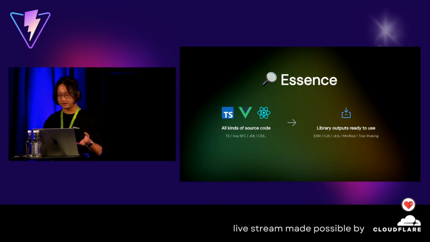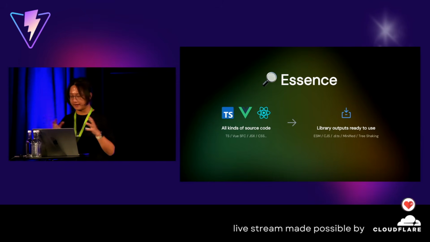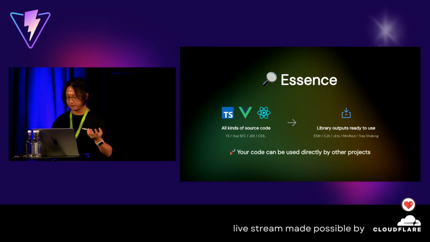So it automatically handles things like formats, dependencies, and type declarations, and bundles everything together into one or multiple files. It can also take care of minification or tree shaking. So in short, bundling makes your code ready to use in other projects right out of the box. Alex has already covered a lot of bundling things, so I won't repeat those points here, thanks to him.